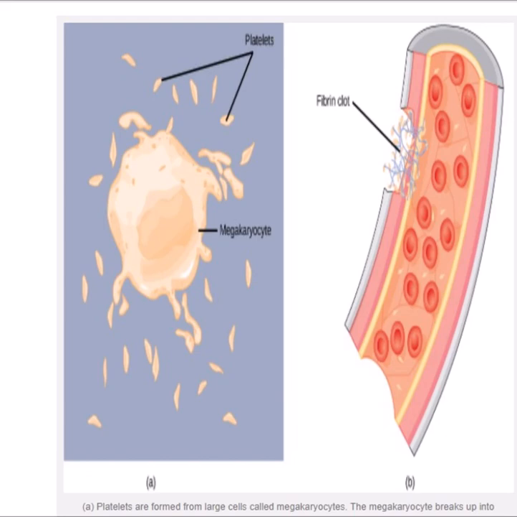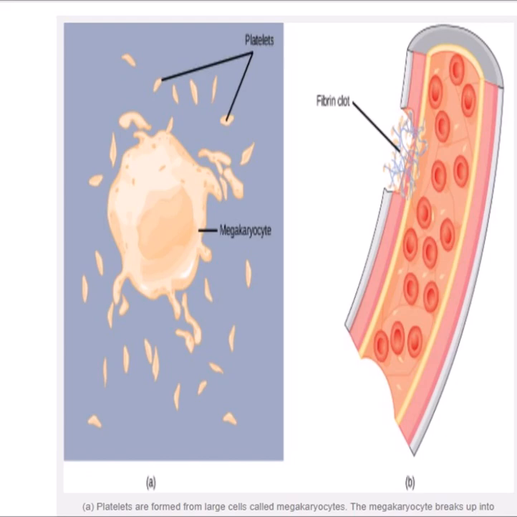These contents activate other platelets and also interact with other coagulation factors, which convert fibrinogen, a water-soluble protein present in blood serum, into fibrin, a non-water-soluble protein, causing the blood to clot.